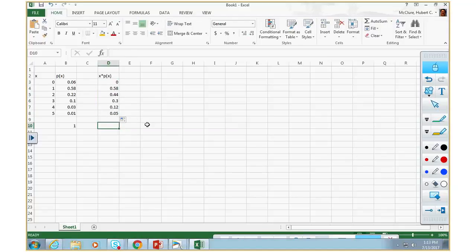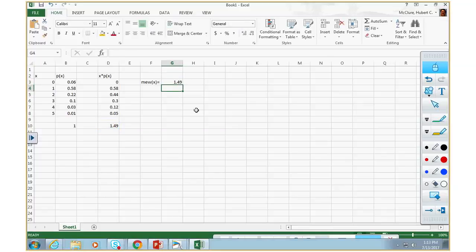And then add those up. And once you add them up, you have the mean of your probability distribution. So mu of x is equal to 0.49.